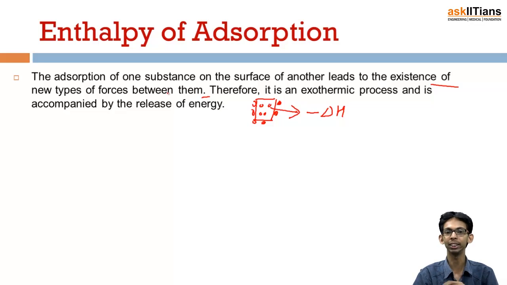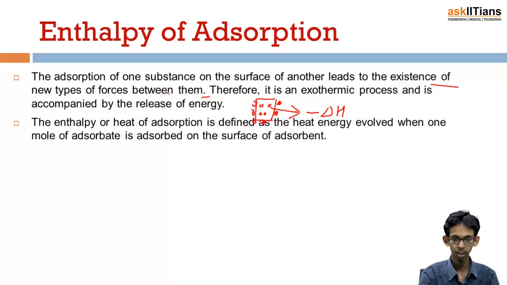Some amount of energy is released when any substance is adsorbed on the surface of any other substance, and the amount of energy released is called the enthalpy of adsorption. The enthalpy or heat of adsorption is defined as the heat energy evolved or released when 1 mole of adsorbate is adsorbed on the surface of adsorbent.